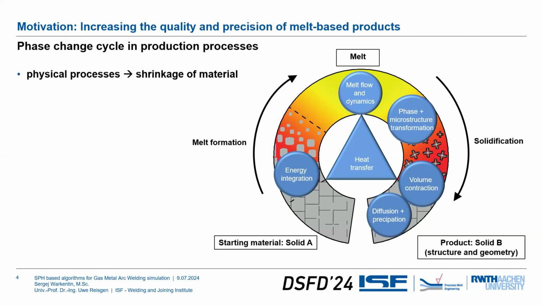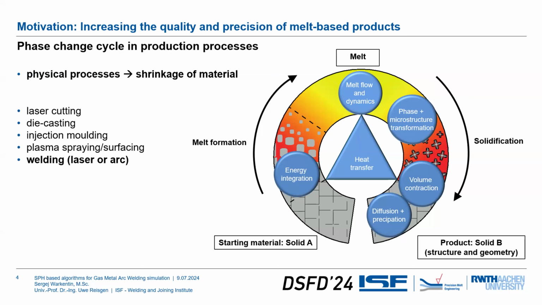It has another structure and another geometry. The main problem is the result of the density changes. We have a volume contraction, and at the end we have this gap, shrinkage of material.